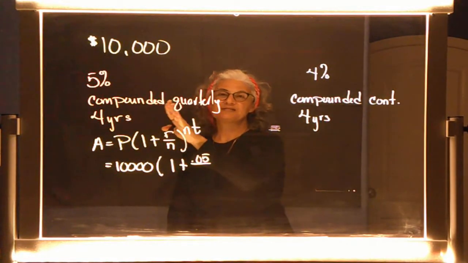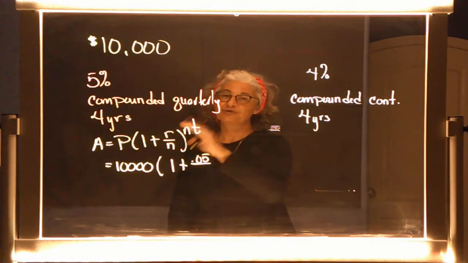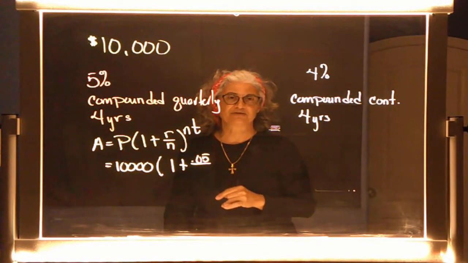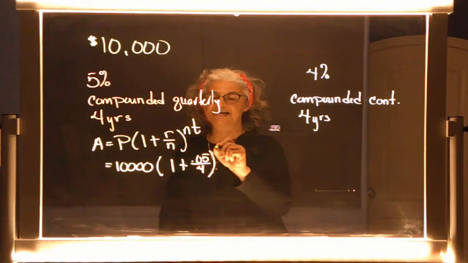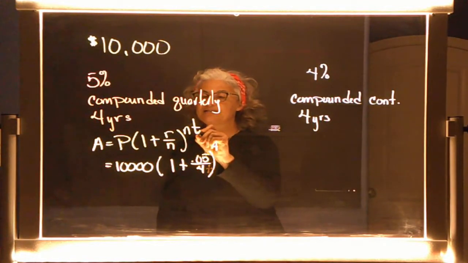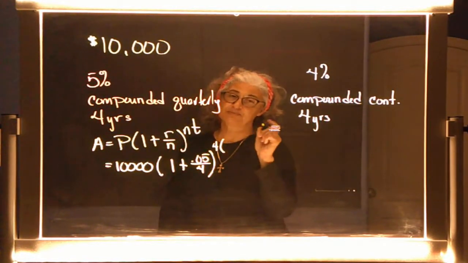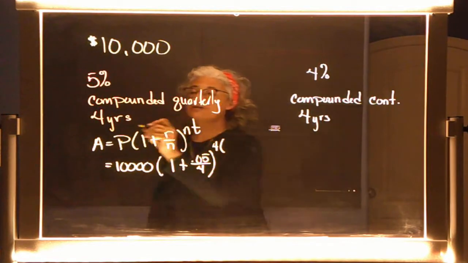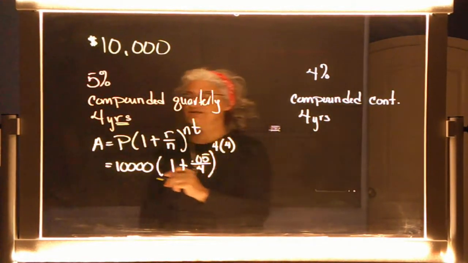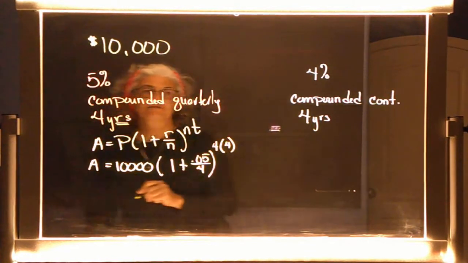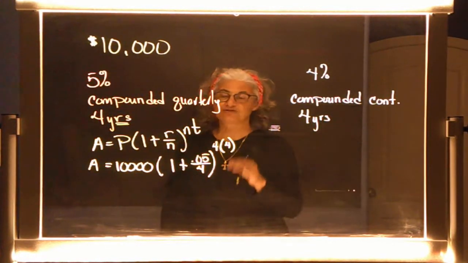So in this case, it's being compounded quarterly, which is how many times a year? Good, 4. Raised to the N, which we just said was 4, times the time, which is 4 years. Gratefully, it's in years. Remember, this is always in years. These finance models are always in years.